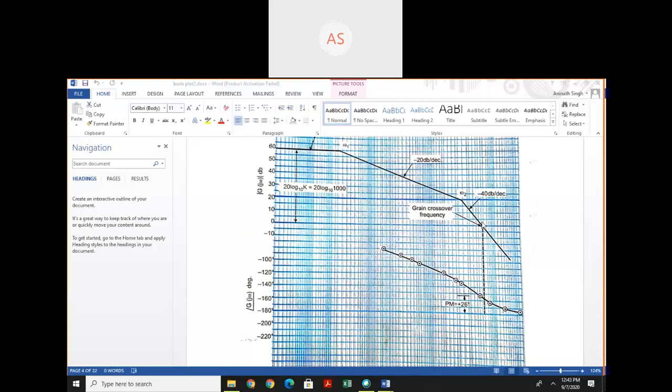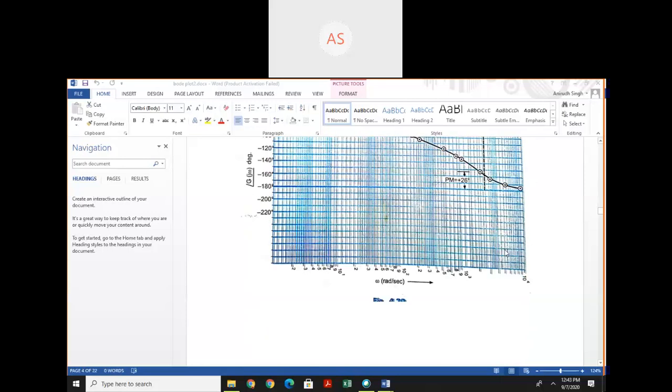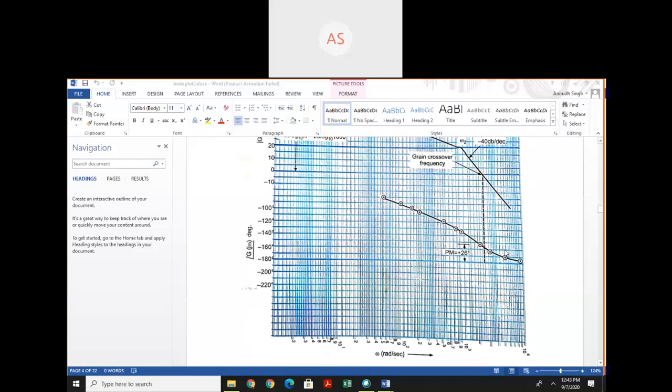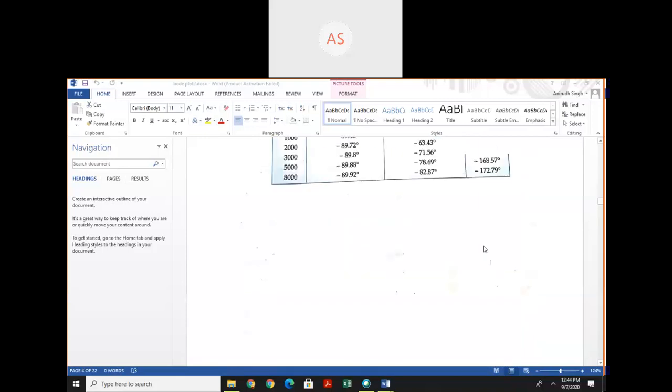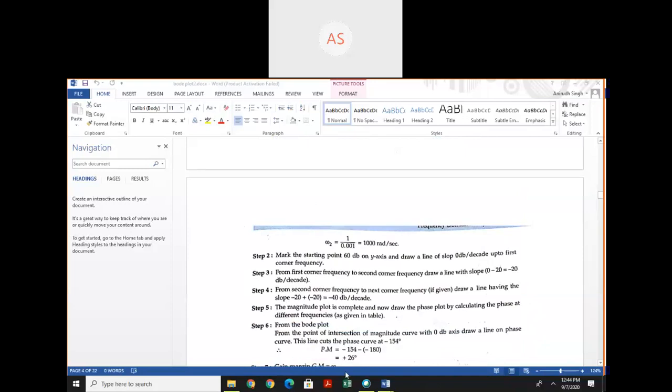This magnitude curve crosses 0 dB at this, so this is the gain crossover frequency. At gain crossover frequency, this is the angle from 180 degrees, approximately 154.